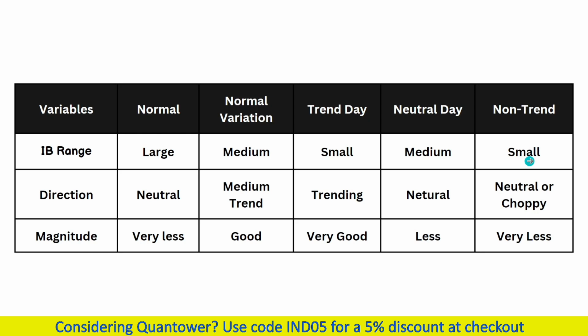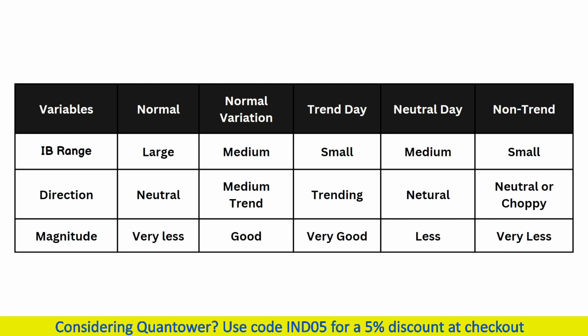Okay, so now coming to IB, why I personally say you should avoid the non-trend day: because IB is small, as you all know, but direction is neutral and choppy, and the magnitude is also very less. I said only very here, but you can add one or two more, very very less. So that's the reason it is not a day for, especially, option buyers.